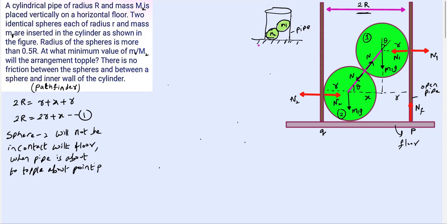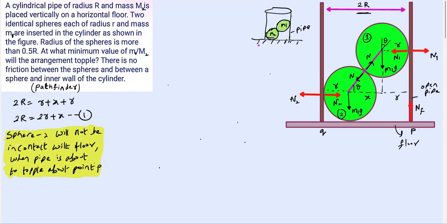This is the basic idea. The rest is everything: draw the free body diagram and solve it. We have to just write the equation for the torque about the point P. This is the core idea of this particular problem. The rest is manageable.